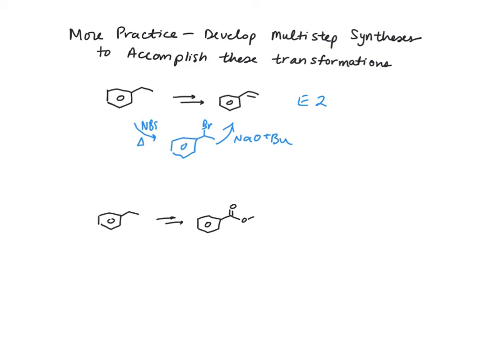In the second example, we want to form an ester, and that makes me think of forming a carboxylic acid. We know that with an ethyl group on this benzene, we can use potassium permanganate to form this carboxylic acid, or we could have used sodium dichromate as well.